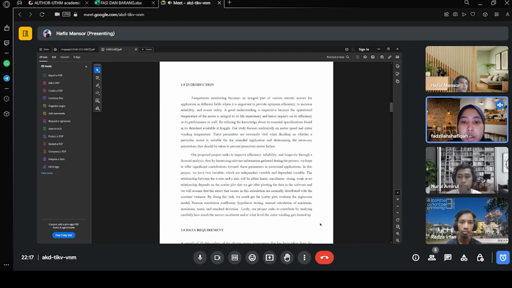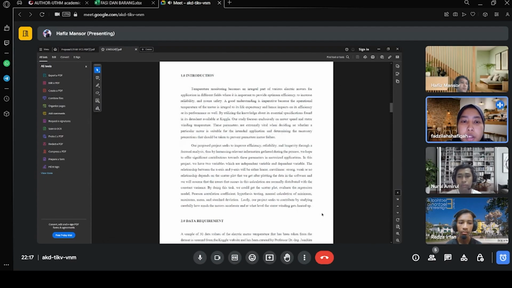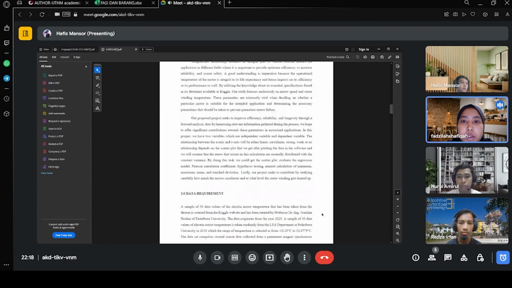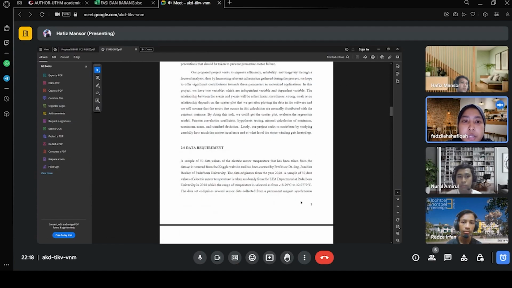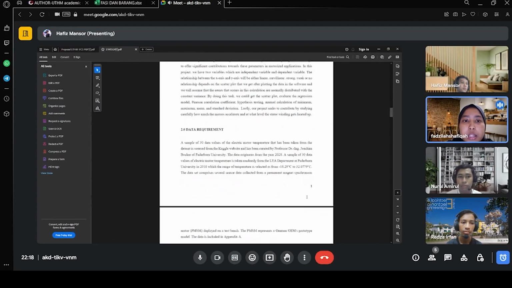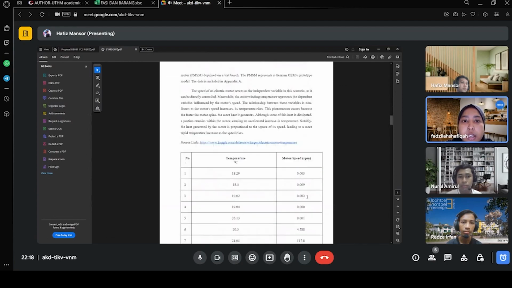The data originates from the year 2022. The values of motor temperature are taken randomly, with the range selected from negative 18.29 Celsius to 32.077 Celsius. As shown below are the data and also the source link that we get.